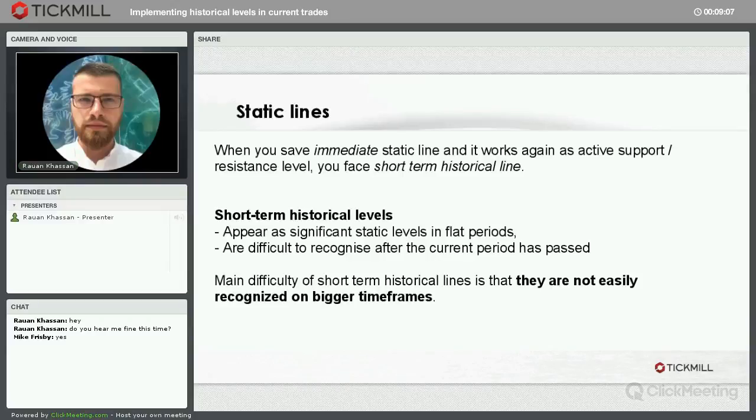It could be 1000 bars, for example. In terms of a 15-minute chart, it's about 7 to 10 days, which is not so much. So it's likely that already next week, if you're starting to analyze the charts from scratch, you probably won't see such a level as a static line anymore. This is why it is important to find it just in time and then save it for further studies.